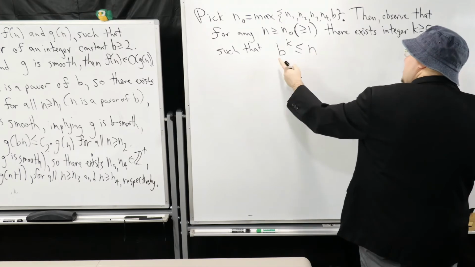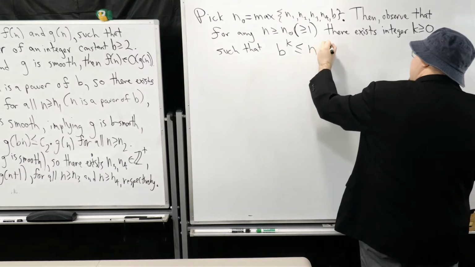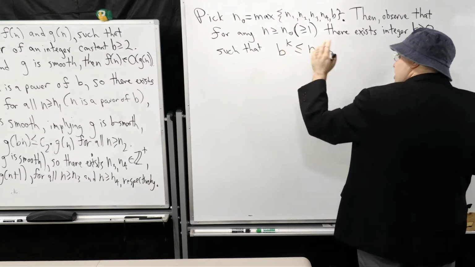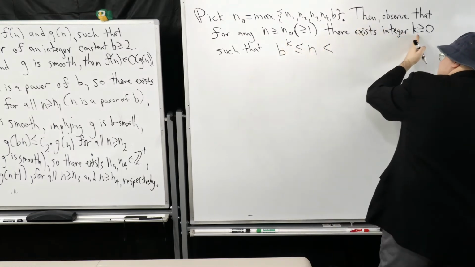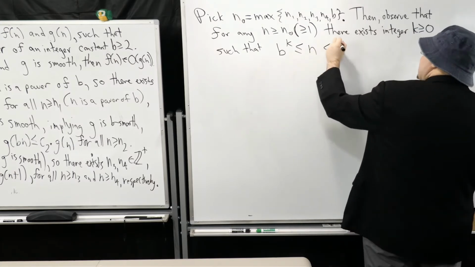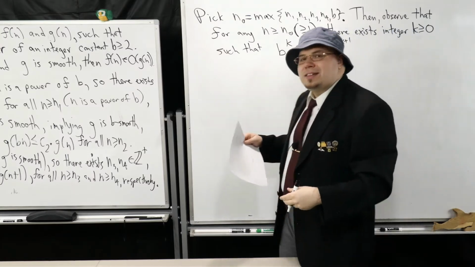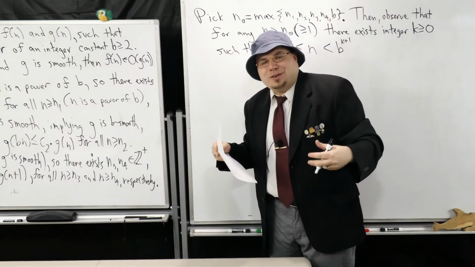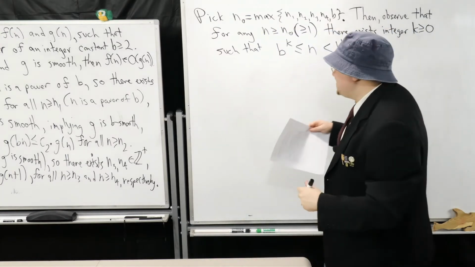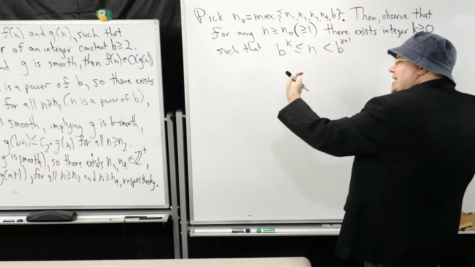But you would agree with me that you'll definitely be able to find a k. I should be more precise. Remember, there exists this k such that there's a gap between these two. So I have b to the power of k plus 1. So between these two exponents, this is why b has to be bigger than 1. Otherwise, you wouldn't be able to create a gap like this.